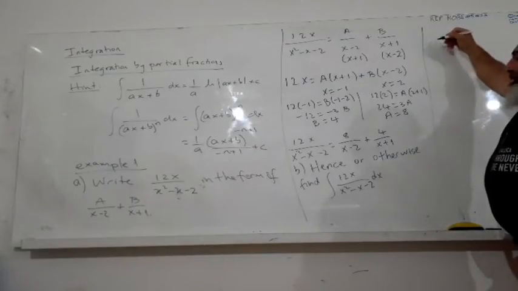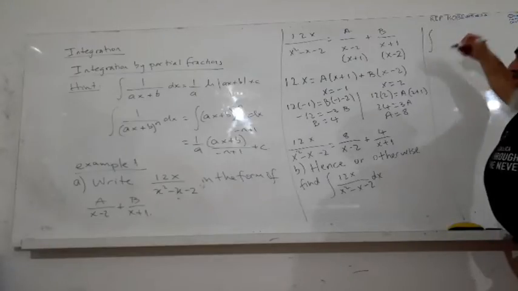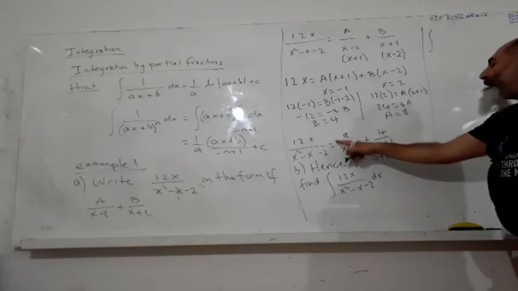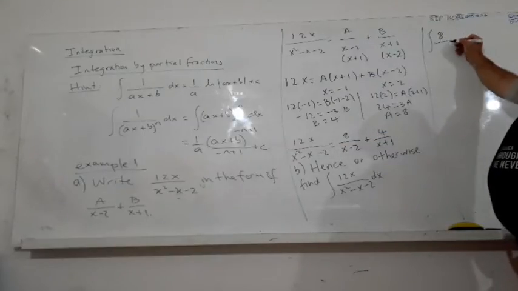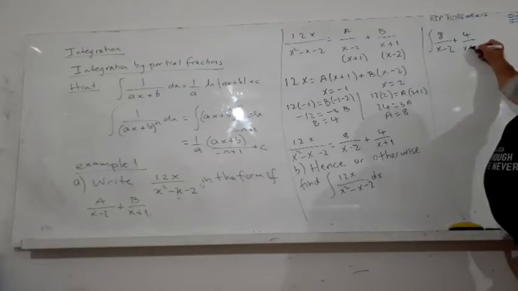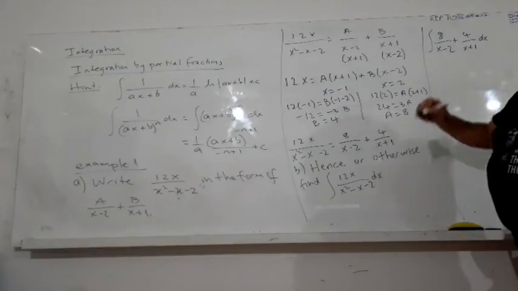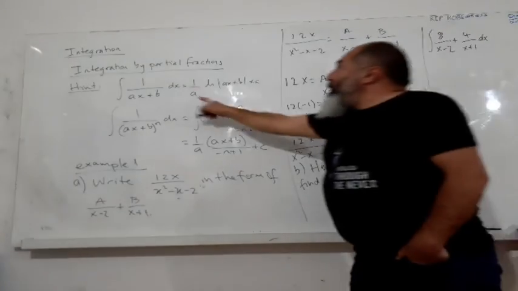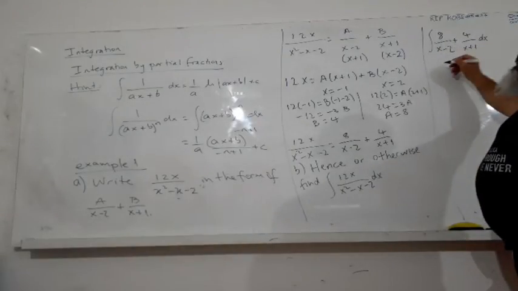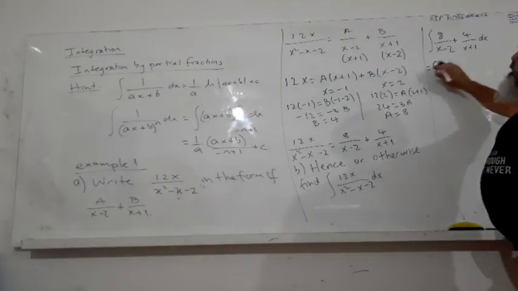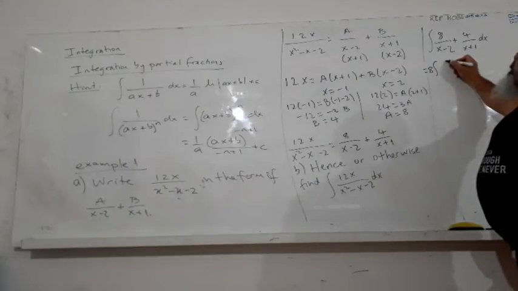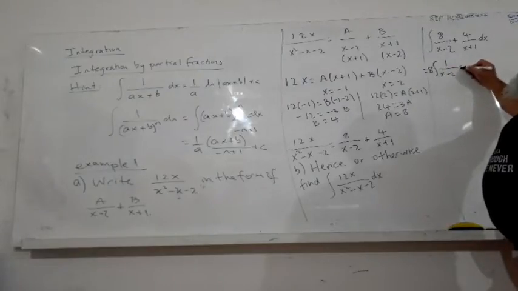Instead of 12x over x squared minus x minus 2, I am going to write it as 8 over x minus 2 plus 4 over x plus 1. By using that rule there, it is easy to see that we can separate these two integrations: take 8 outside of the integration, the integral of 1 over x minus 2, plus 4 times the integral of 1 over x plus 1, dx.